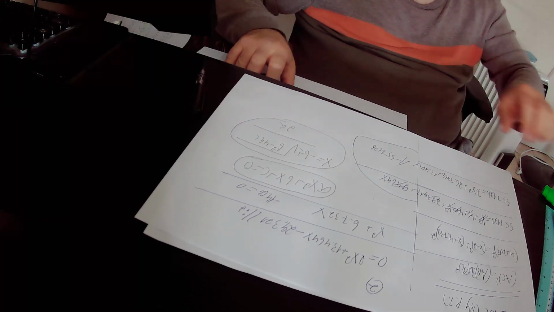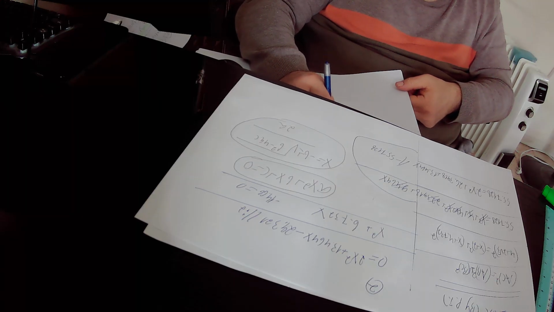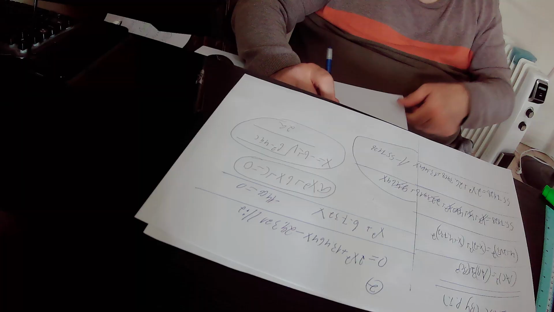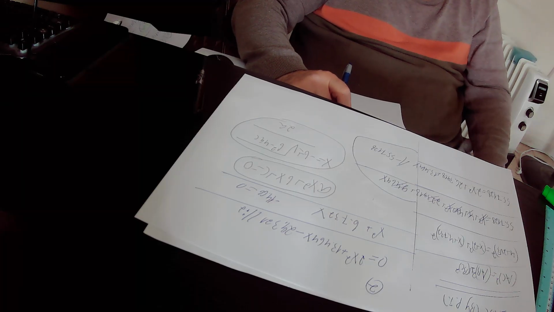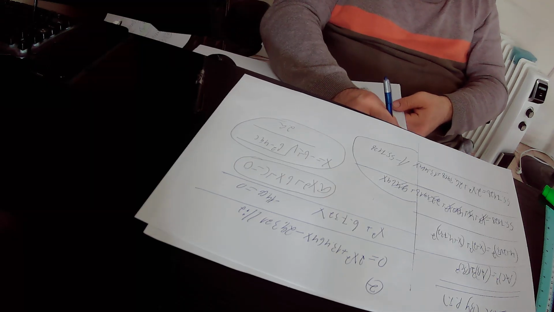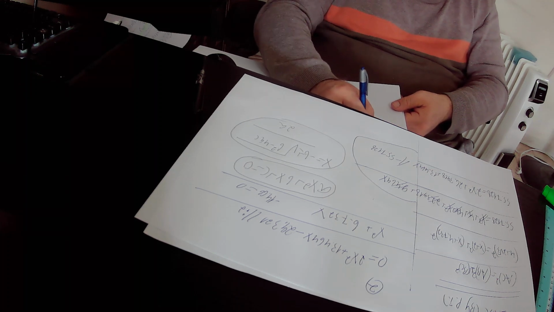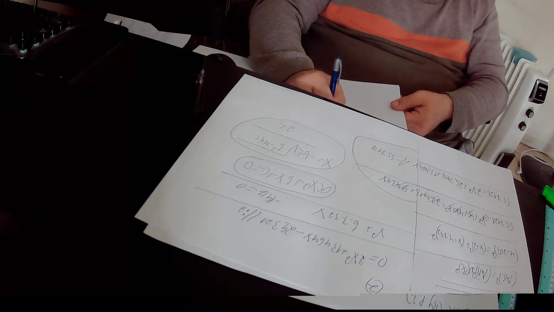In our specific quadratic equation, that is to say x squared plus 6.732x minus 14.66 equals 0, the coefficient a equals 1, the coefficient b equals 6.732, and finally the coefficient c equals minus 14.66.